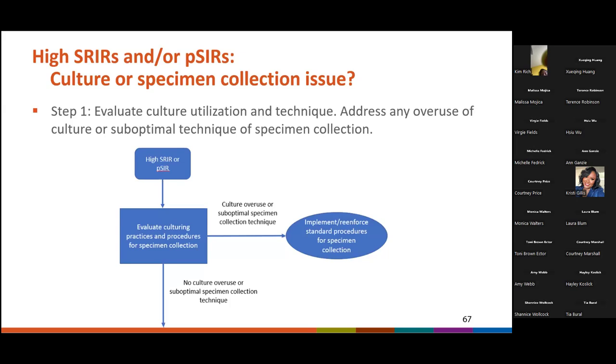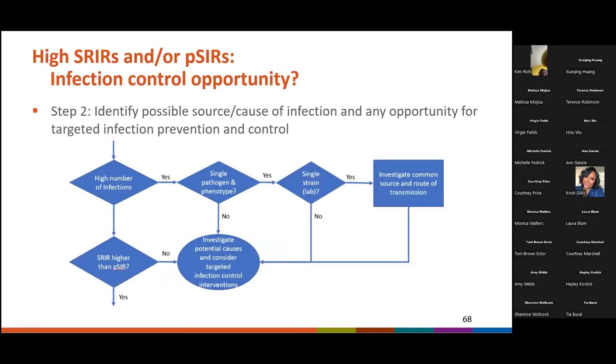Step two, identify possible shared source of infection and any opportunities for targeted infection control. Check whether those infections are from a single strain, which may indicate a common source or route of transmission.